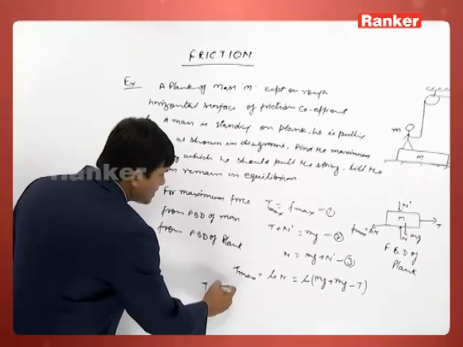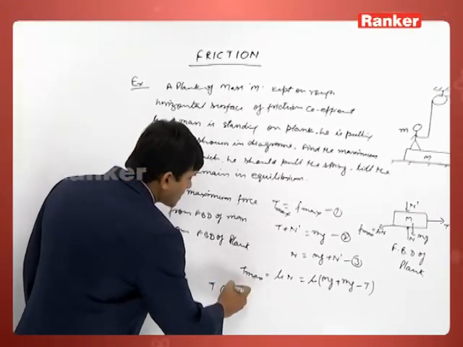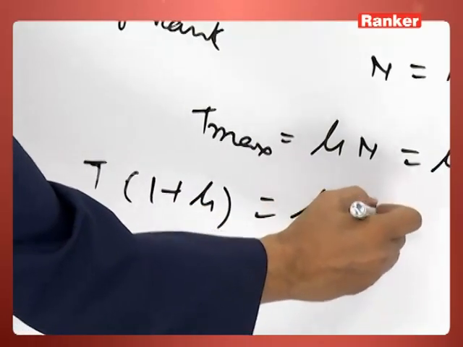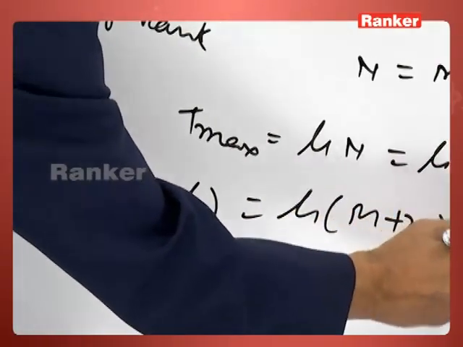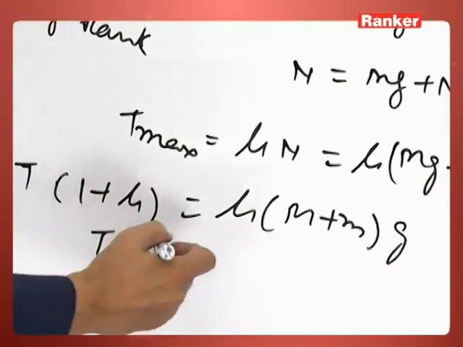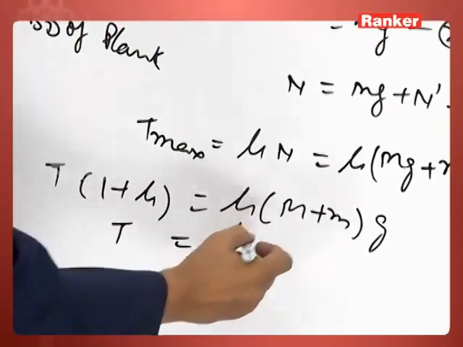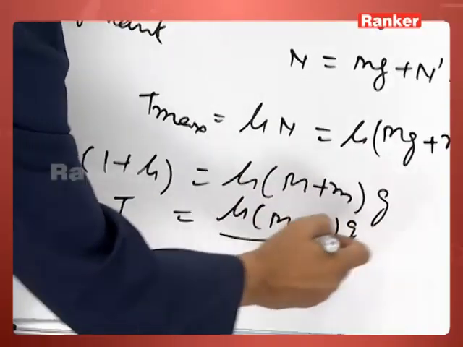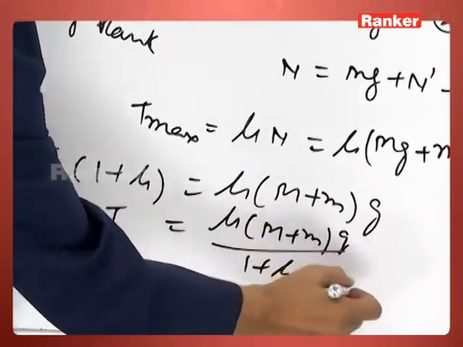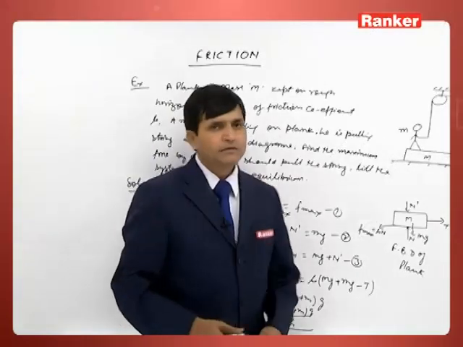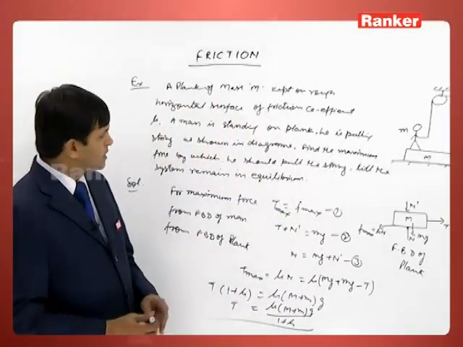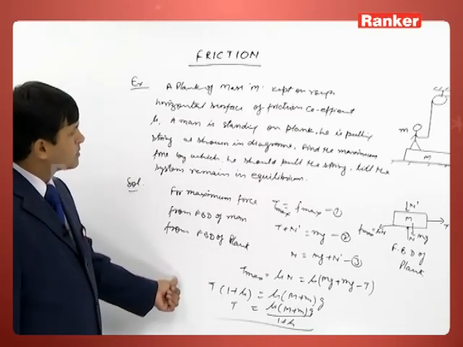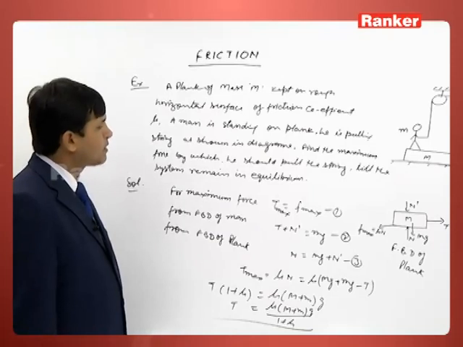So T you can take common: T(1 plus mu) is equal to mu (M plus m) g. So T is equal to mu times (M plus m) g by (1 plus mu). This is the maximum value of force needed till the system remains in equilibrium. In this manner we can solve the problem.